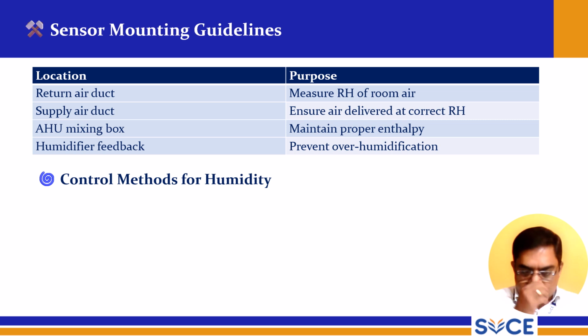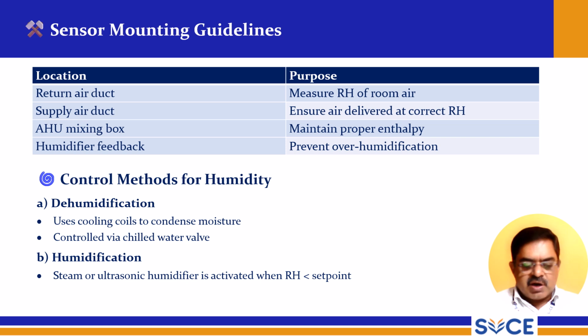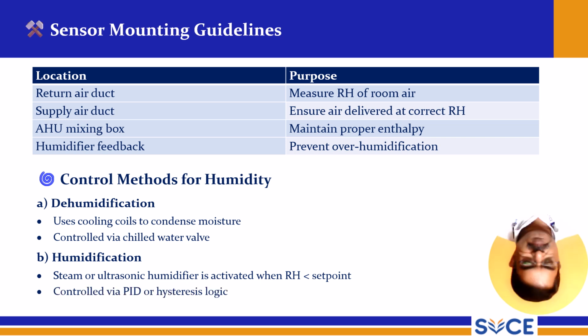So, control methods for humidity. Dehumidification uses cooling coils to condense moisture, controlled via chilled water valve. And for humidification, a steam or ultrasonic humidifier is activated when RH is lesser than the set point, controlled via PID or hysteresis logic.